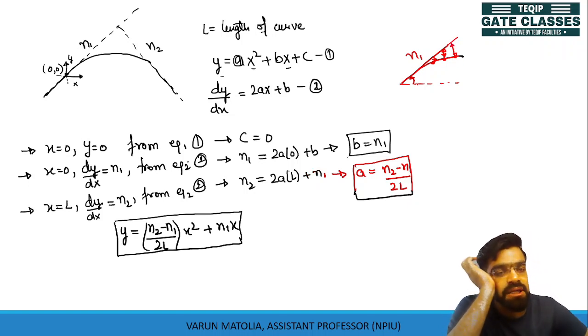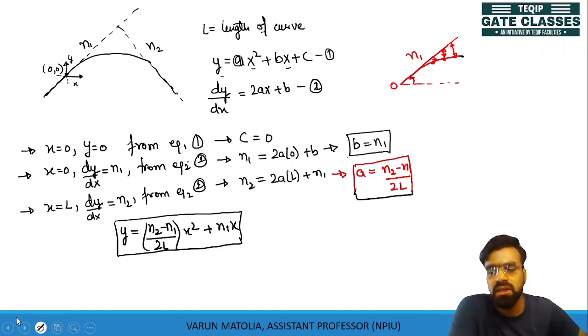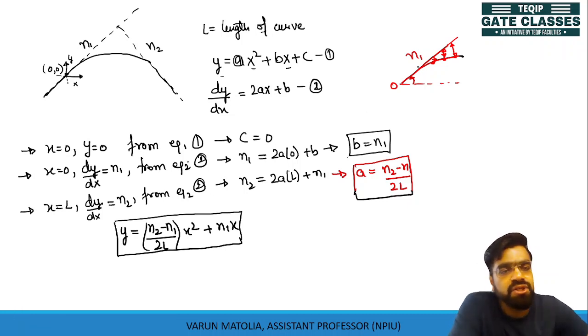Why? Because if this level is 0 and this is some slope, we will be able to find the elevation of all the points present on this slope. We will subtract this value which is in between to reach the curve point.